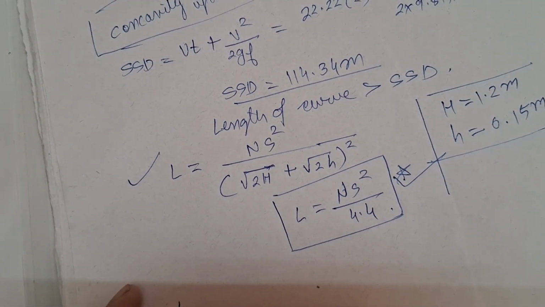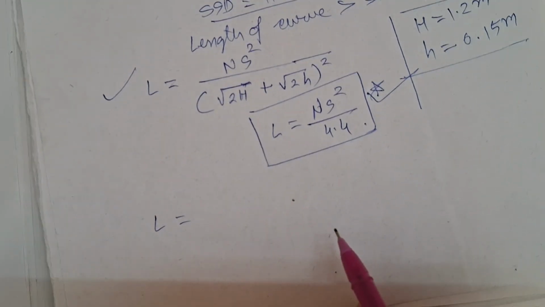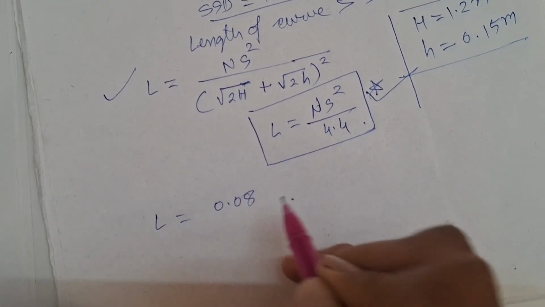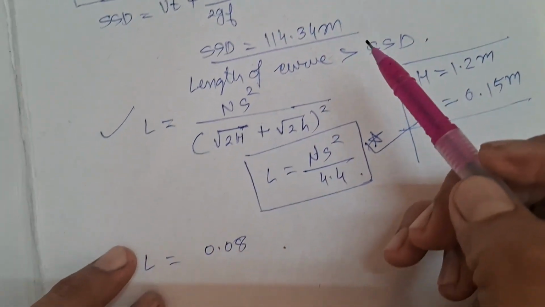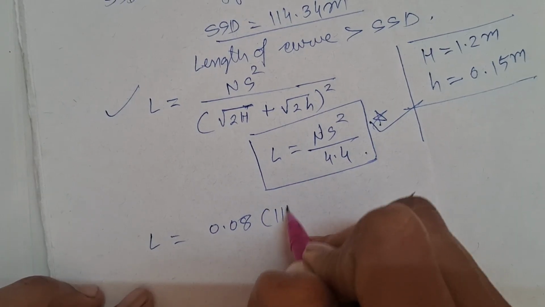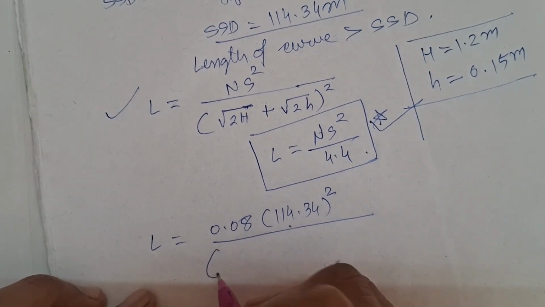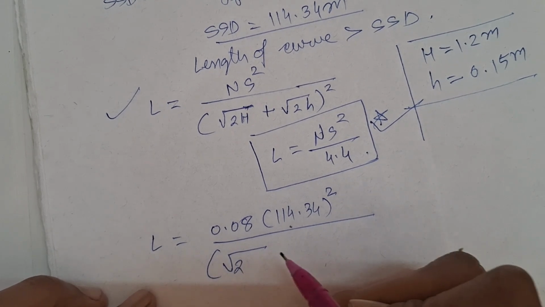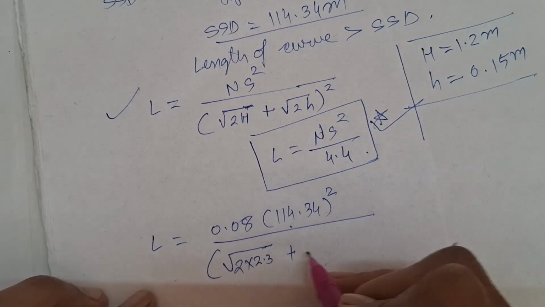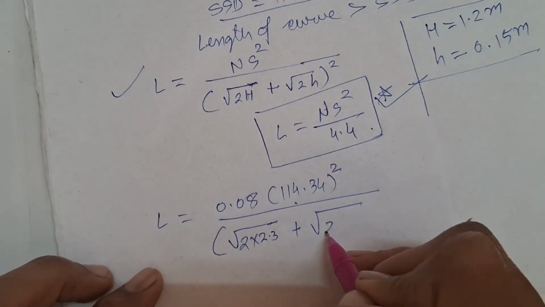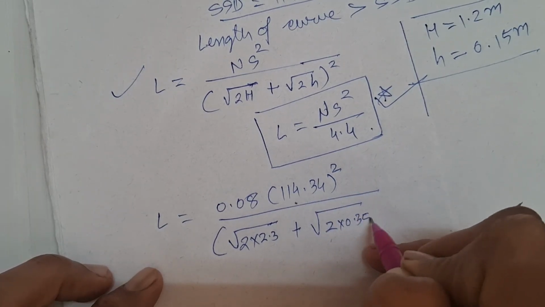Just by putting the values, N is 8%, so N will be 0.08 into S square. S we found out is 114.34, so 114.34 whole square divided by under root 2 capital H, which is 2.3, plus under root 2 small h, which is 0.35, and whole square.